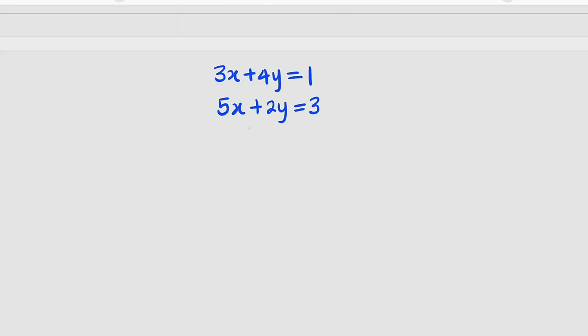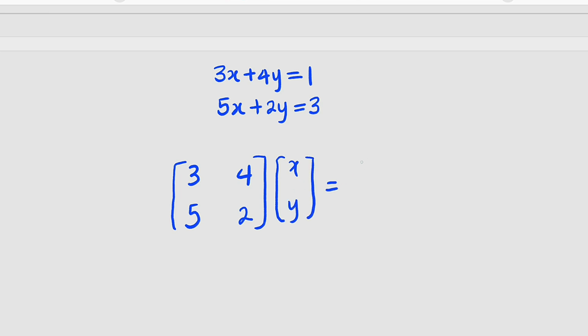First of all, we are going to form a matrix of the coefficients of these two equations. So we have 3, 4, 5, and 2. Then we multiply by x and y. This will be equal to the matrix of the constants, 1 and 3.